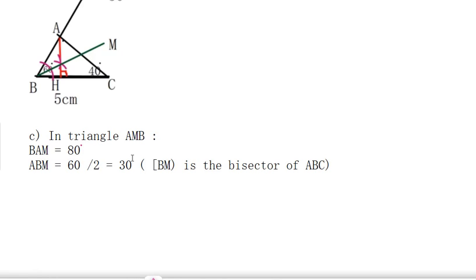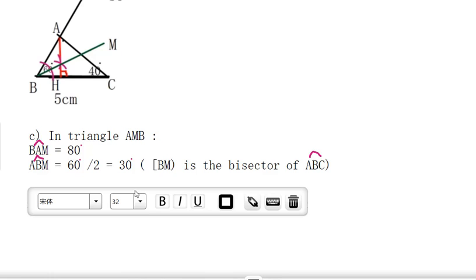There is 1 missing angle. So I'm going to write here a cap and a cap, of angle ABC. Okay, so now let's find the last angle, which is AMB.